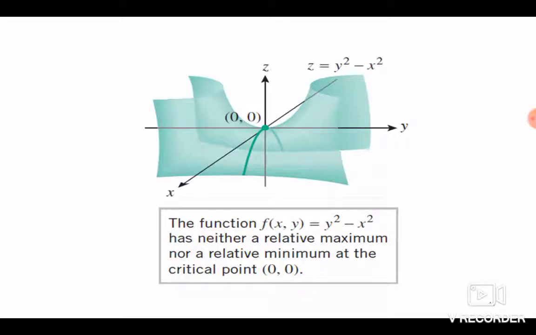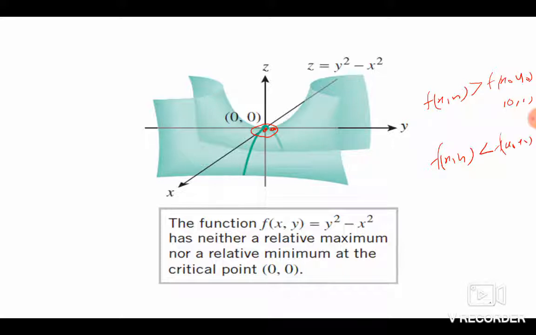So this is the point that we have already seen, a point at which there is no relative maximum or relative minimum. If you draw a small circular disk about the point 0, 0, for some points f of x, y is greater than f of x0, y0, where x0, y0 is 0, 0, and for some points f of x, y will be less than f of x0, y0.